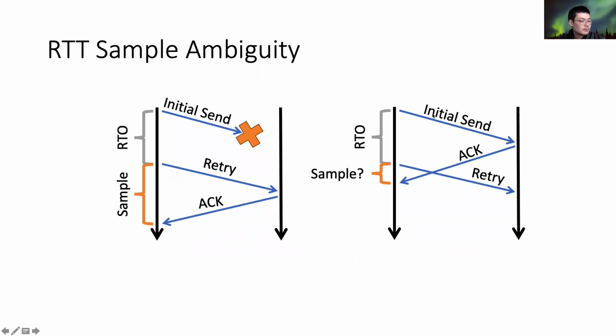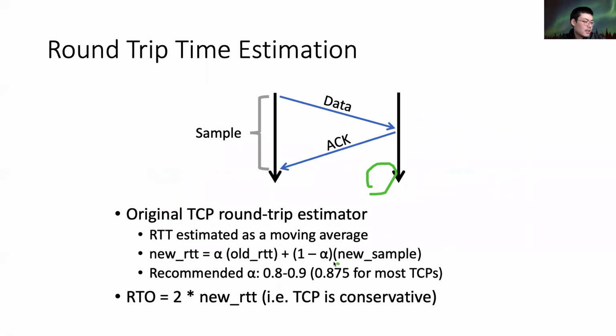Because the original packet is lost, I will think the beginning time is this time for this packet, and the ending time is this time. So the actual round trip time for the packet is this one, but I'm thinking it's this one. Now this sample is apparently wrong because it's too short. You just retransmit it and you get an old ACK. That will mess things up because we are using this sample to update the running time. If it's suddenly a very short time, then it just gets messed up.